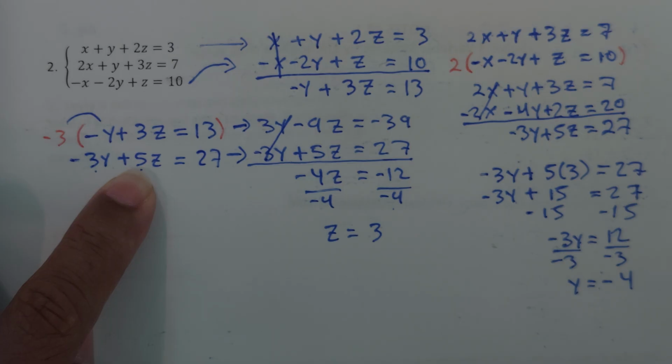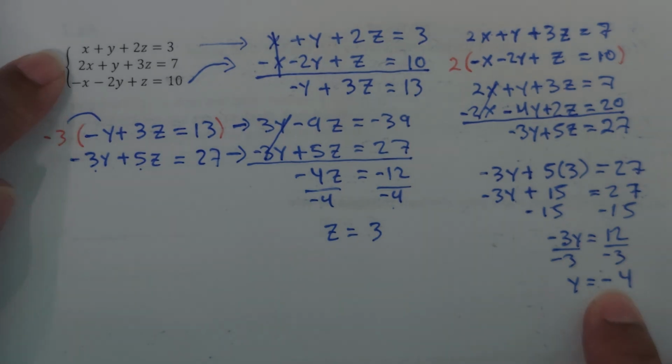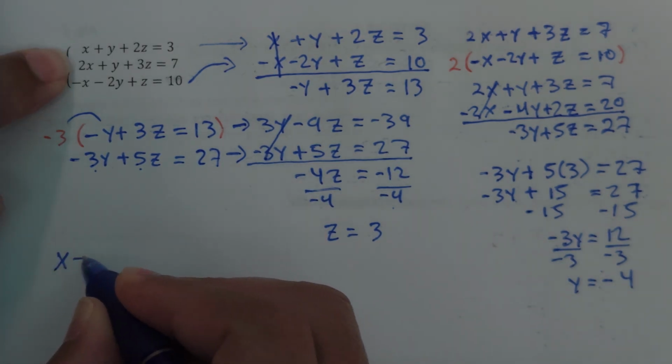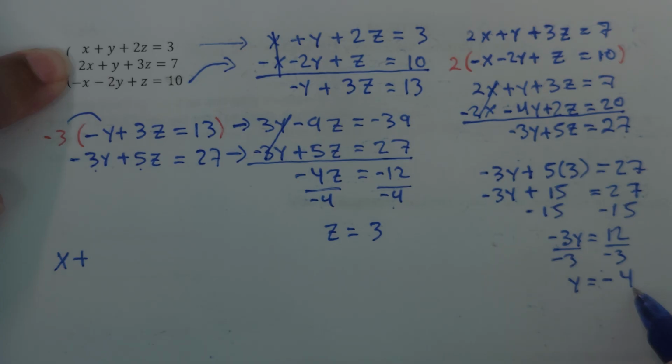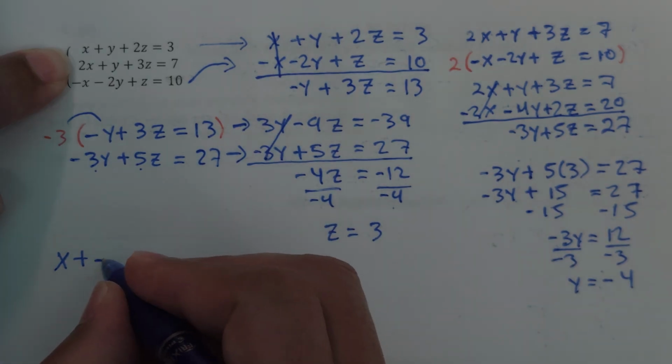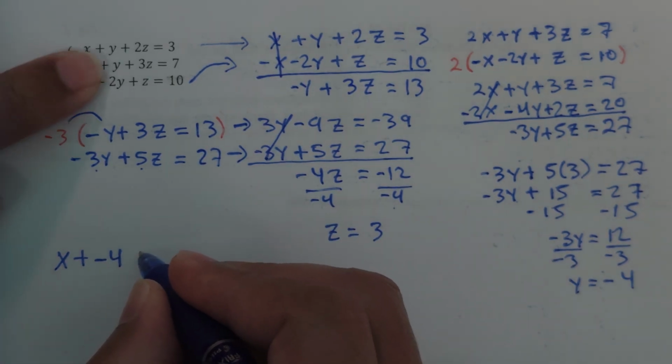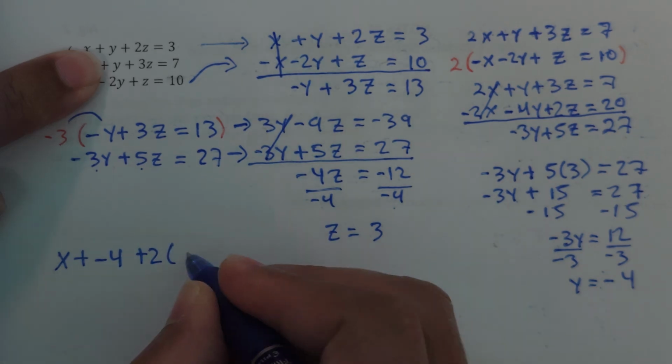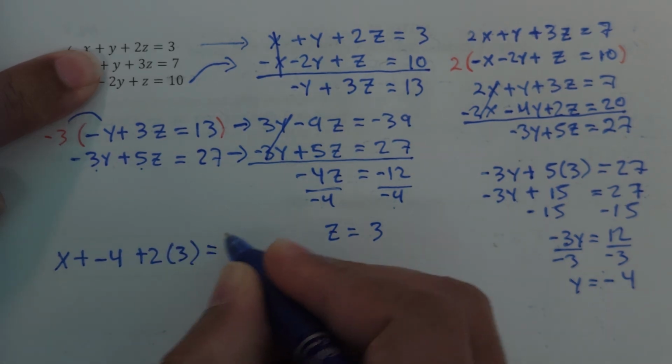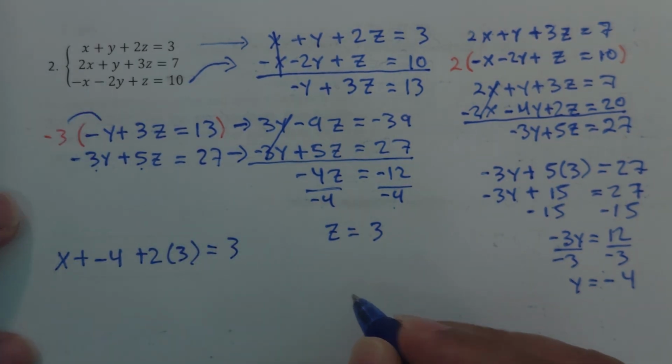Okay, so then the next step is I'm going to go to the first equation and find the x coordinate. So I'm going to come to this first equation here and copy x plus, instead of y it's negative 4, so plus a negative 4, and then plus 2 times, instead of z, a 3, and that equals 3.